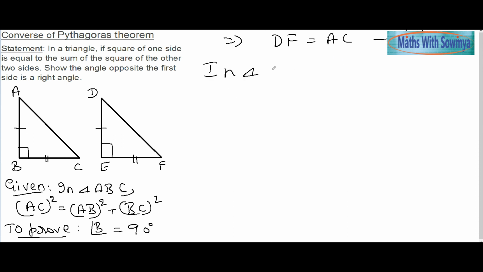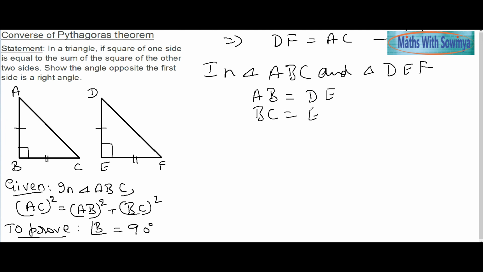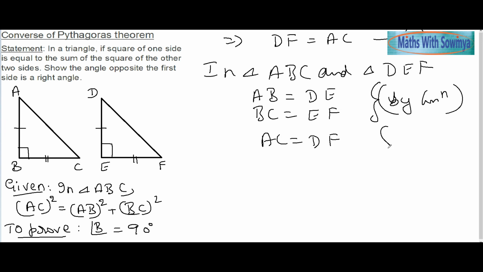In triangle ABC and triangle DEF, AB and DE are equal, BC and EF are equal by construction. Now, we got DF and AC are also equal from 3.